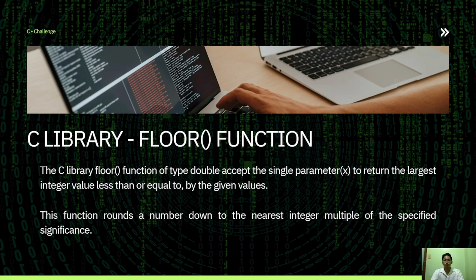Next function is the C library floor function. The C library floor function of type double accepts a single parameter x and returns the largest integer value less than or equal to the given value. This function rounds a number down to the nearest integer.